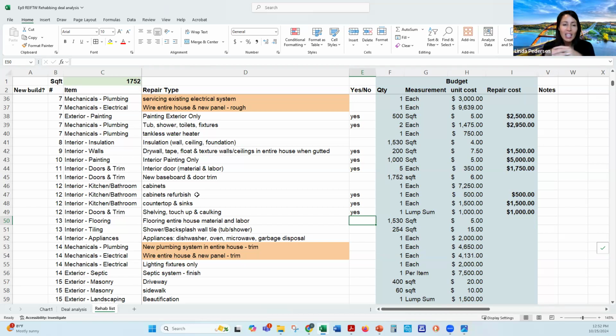At the end of the day, if the tile is around $5 a square and the carpet is around $3.50 a square, and then you've got vinyl plank or wood, it's a blended rate. Don't worry about designing, because the time you spend designing should be spent negotiating. After you own it, then you can get into the details of this kind of tile, this color, this layout.